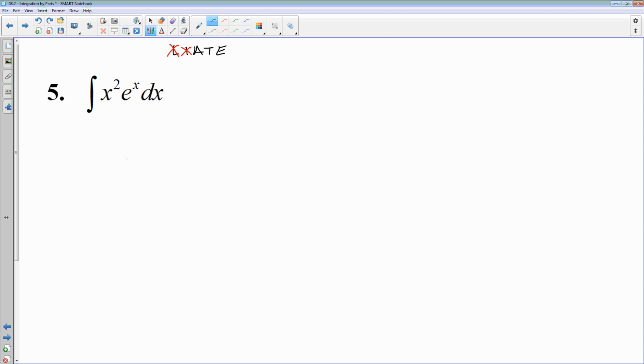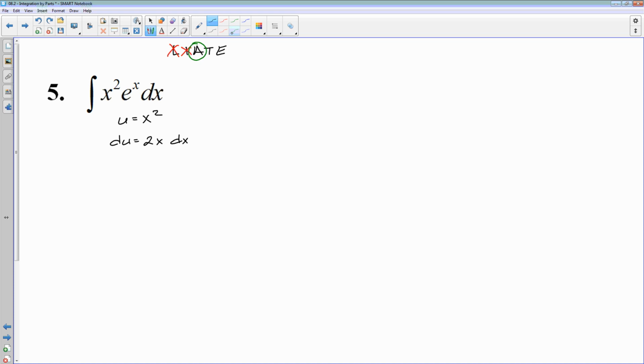Before I set up the parts, one thing I want to point out is I don't always just dive straight into parts. Usually I will look for substitution. This problem can be a little misleading because some people may think, oh, let's try normal u substitution, where u is x squared and du would be 2x dx.